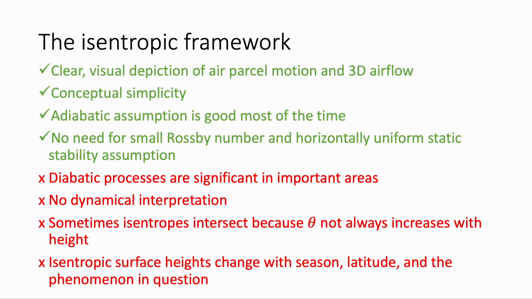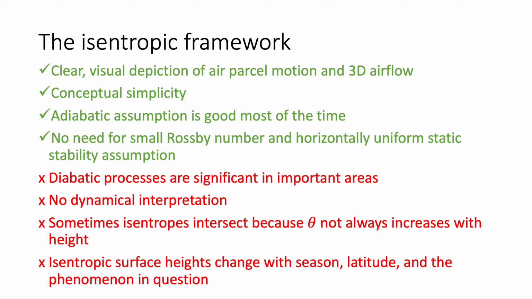Okay, so I want to conclude this brief lecture just by presenting some pros and cons, I guess. To me, the most important pro is that the isentropic analysis is really simple conceptually.